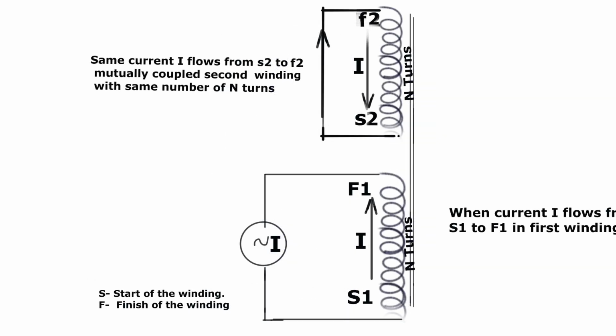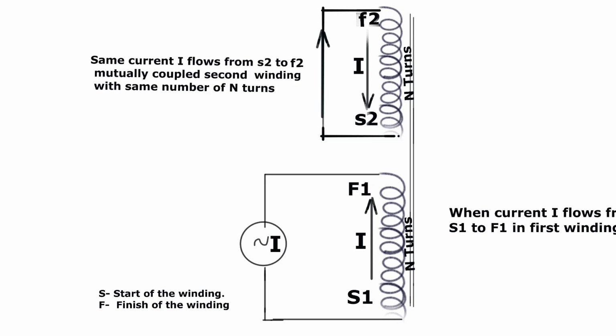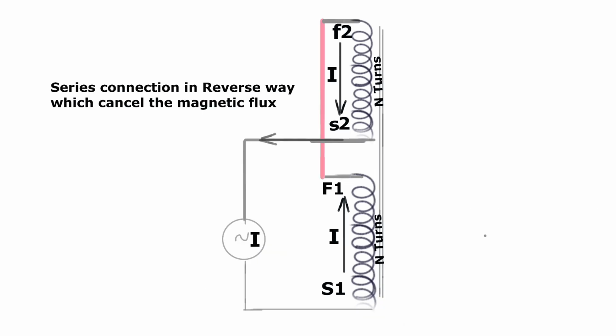Let us go back again to the first step, wherein I current was flowing in the first winding and I current was induced in the second winding. Since both are the same current, we can short F1 to F2 and then, removing the short in the secondary, we can connect the return S2 to the source itself.